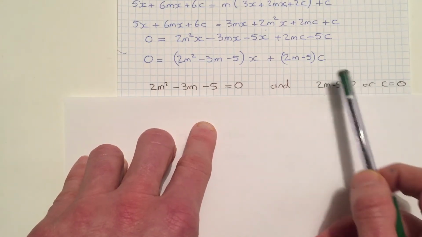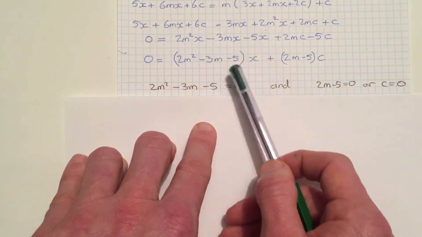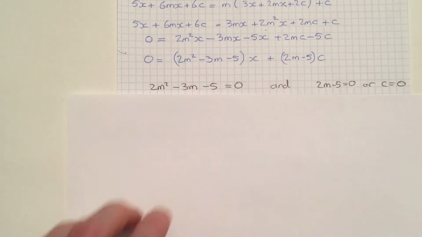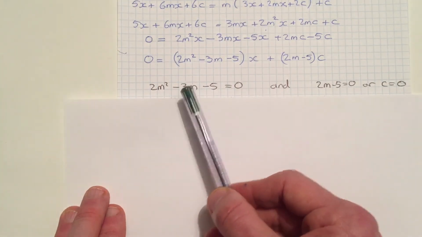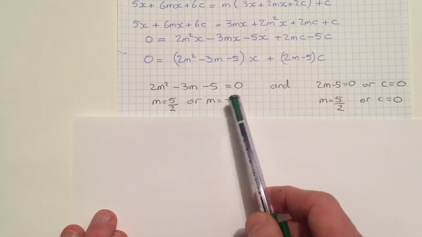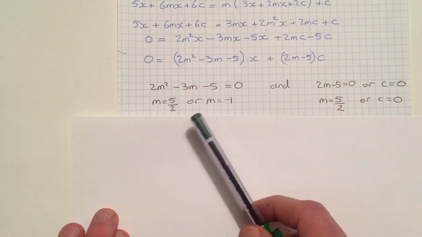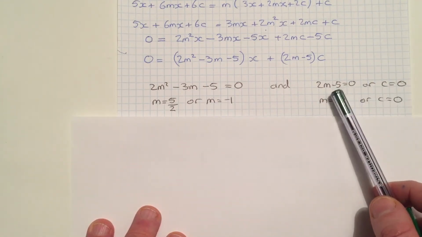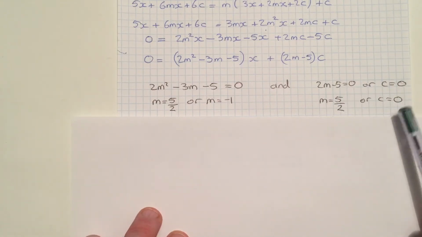Either of these can make this 0, but only this can make this whole bit there 0, because the x can't equal 0, if I'm talking generally. So let's consider this. If I solve this by factorising or my calculator, I get these two values of m. Solving over here, again I get 5 over 2 for m, or c equals 0 from here.